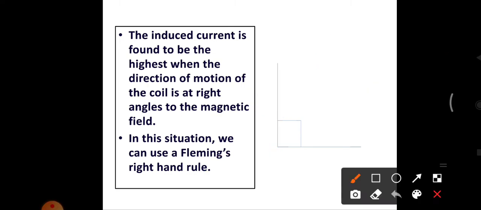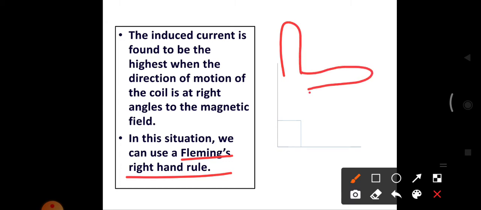And we know the Fleming left hand rule is used to find the force on the conductor. You have to take your left hand and stretch your thumb, forefinger and middle finger perpendicular to each other.